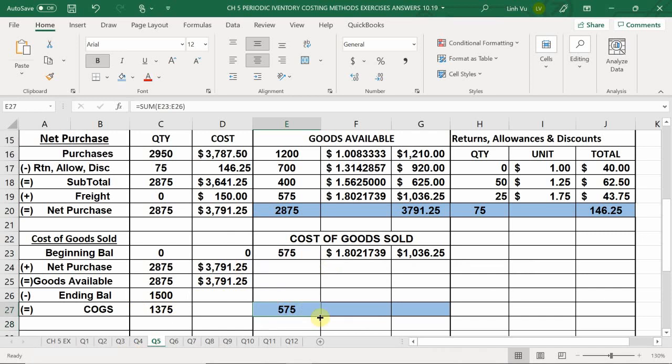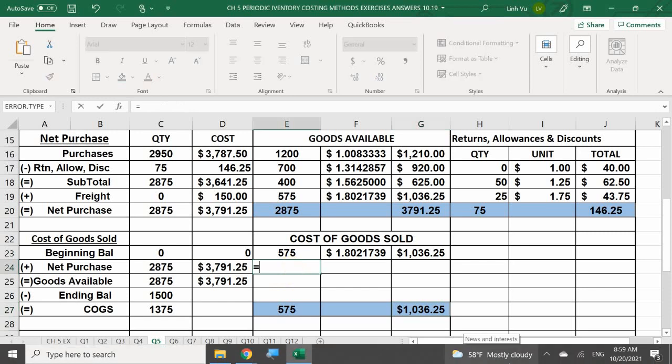Okay, so I have my totals tallied up here in my Excel. All right, so then now that I eliminated my first 575 items, which batch is next? The 400.